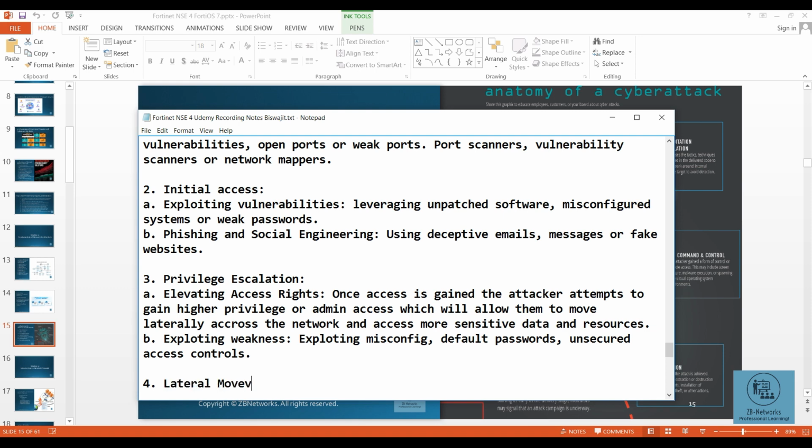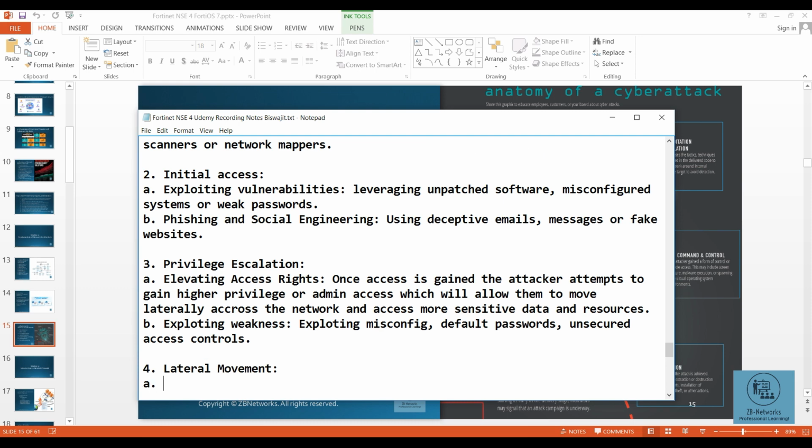Step number 4 is called lateral movement. It's one of the important steps. As the name says, lateral movement is basically moving through the network, and that becomes your first sub-step.